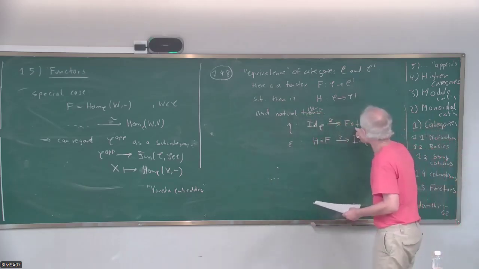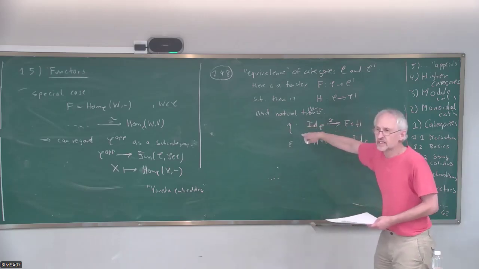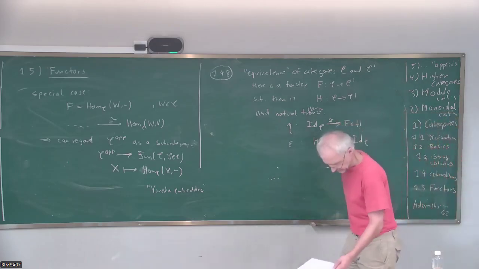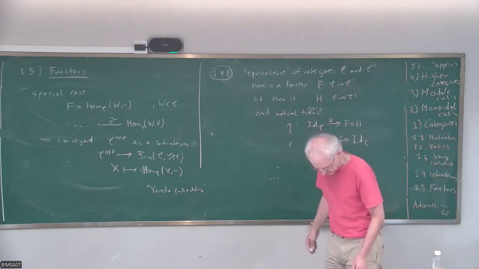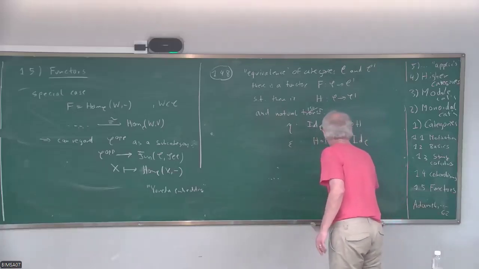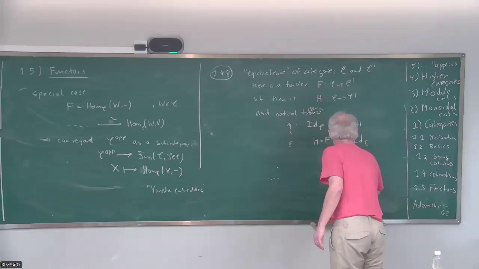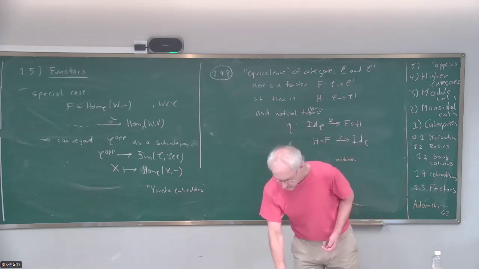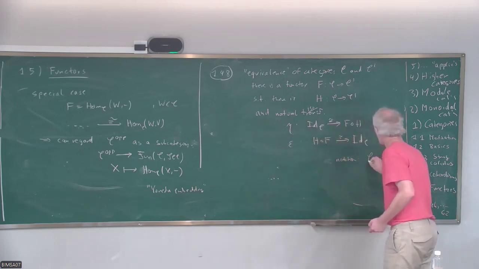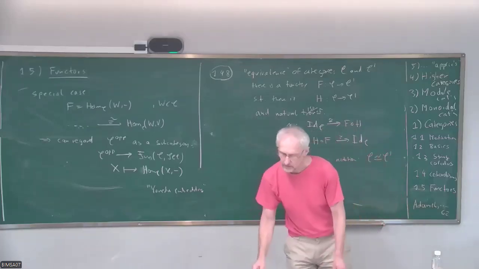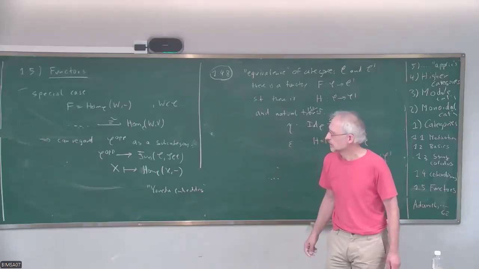So if I compose them, they are not the same as the identity, but there is a natural transformation which is invertible. And in this case, such a thing exists. We say the two categories are equivalent, and I will denote this by the symbol. And again, you can check this is indeed an equivalence relation.